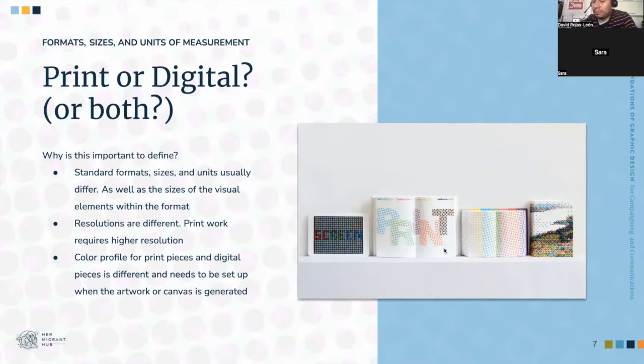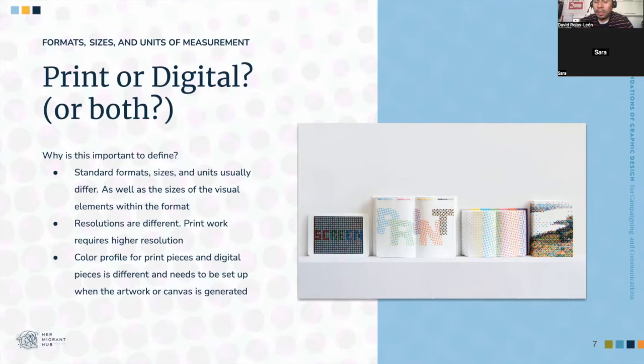This is in print. You combine those colors and you get any other color. For screens, it's not a combination of paint or tint or ink. It's a combination of light.